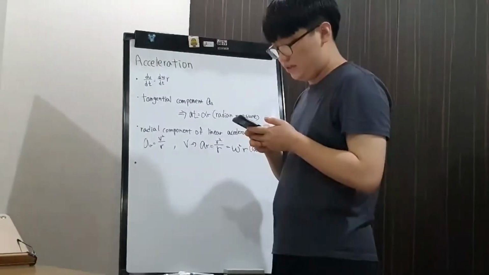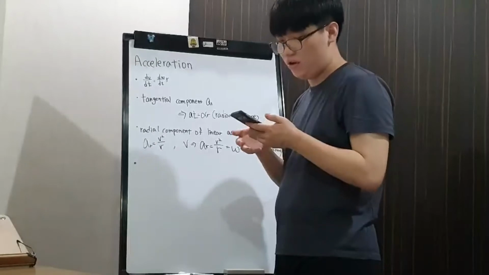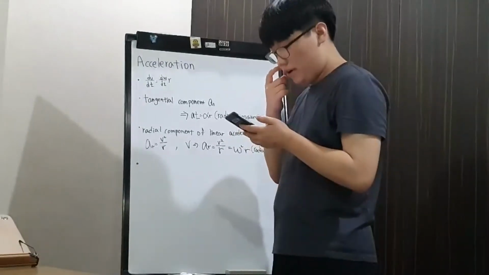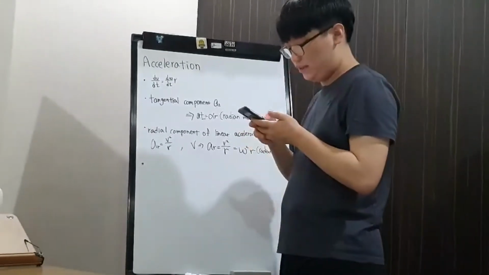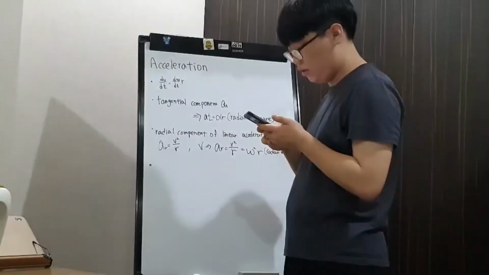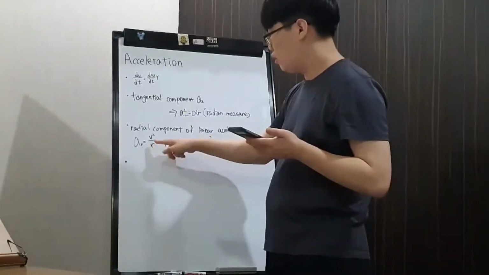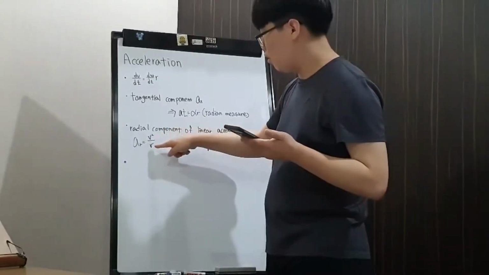Next, where alpha is the angular acceleration and must be expressed in radian measure. A particle moving in a circular path has a radial component of linear acceleration. The equation is a_r equals v squared over r.